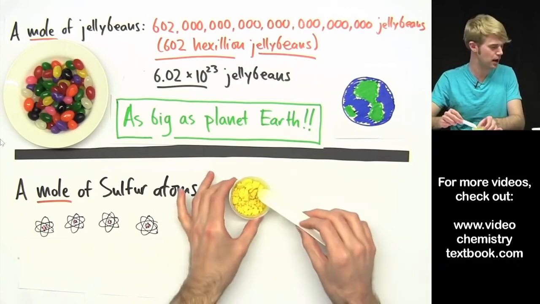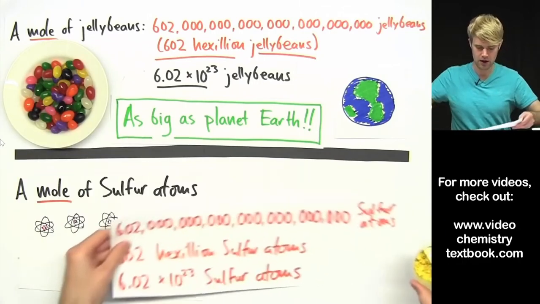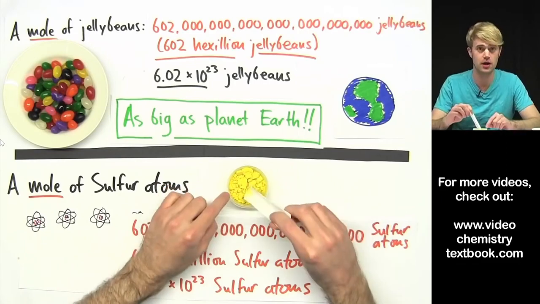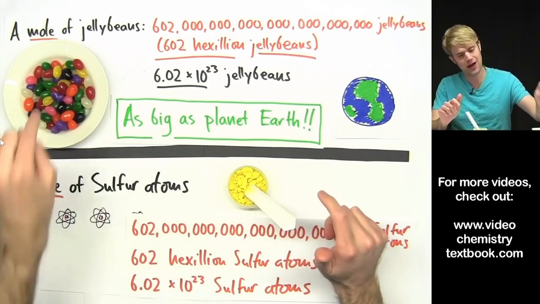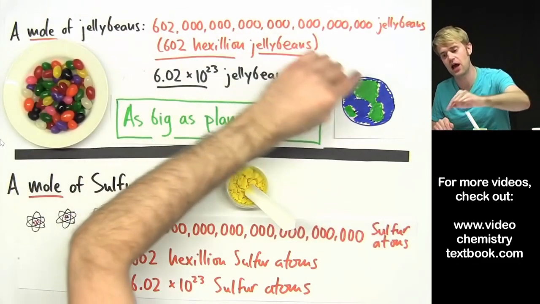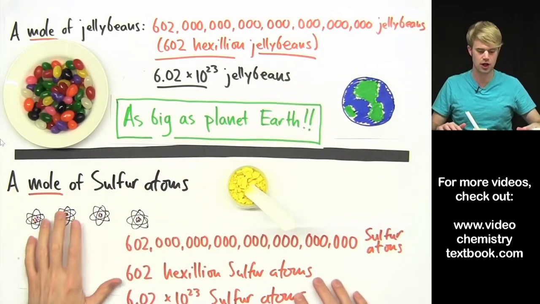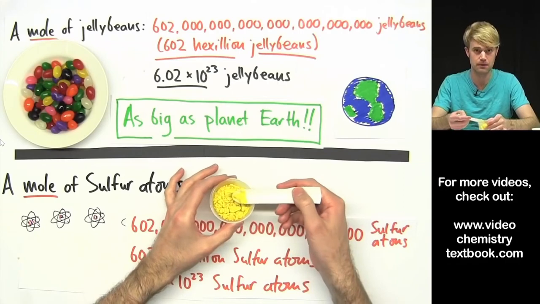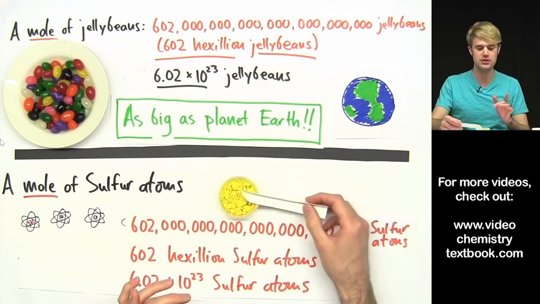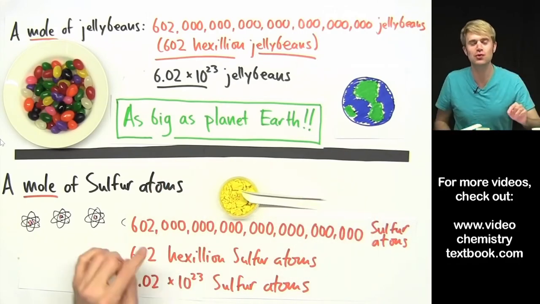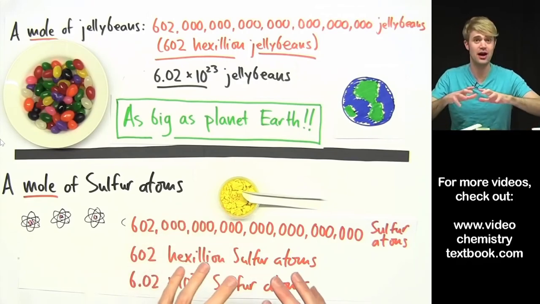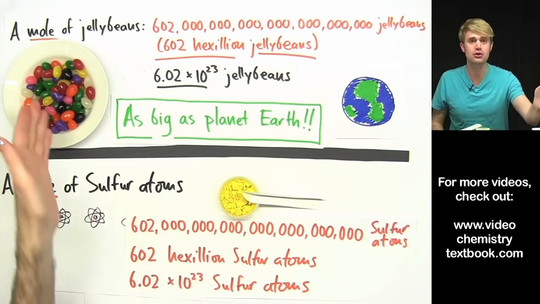So think about this, right? 602 hexillion sulfur atoms right here. Now, 602 hexillion jelly beans would be the size of the planet Earth. 602 hexillion sulfur atoms can fit in this little dish. This shows us how absolutely tiny a sulfur atom is, how tiny all atoms are compared to a jelly bean.